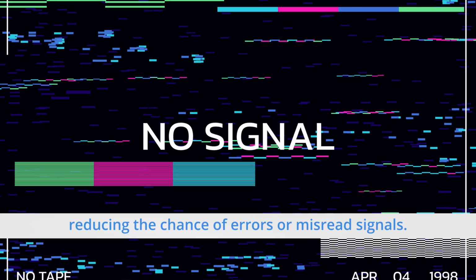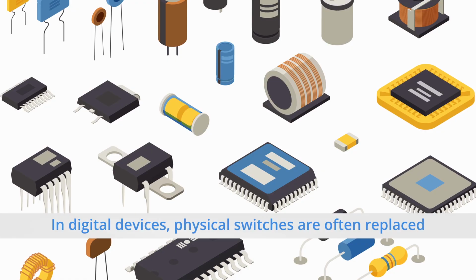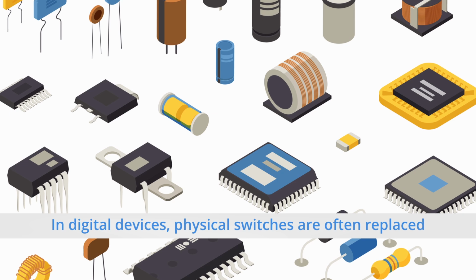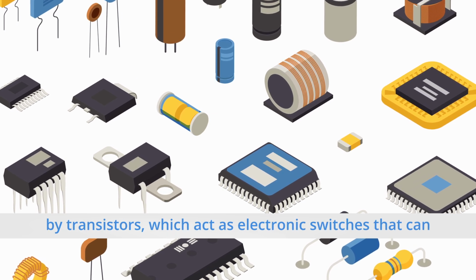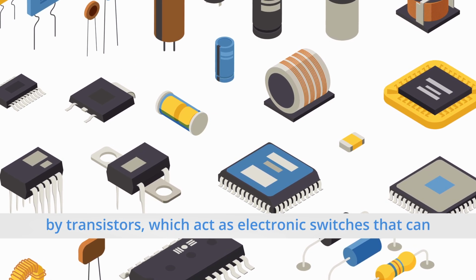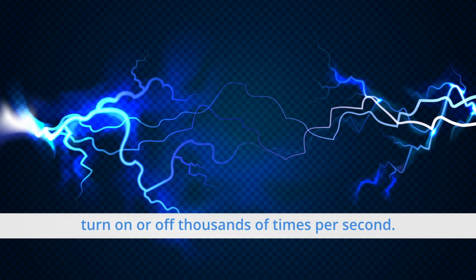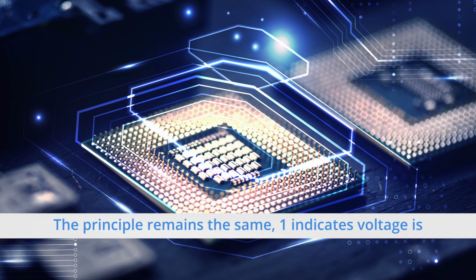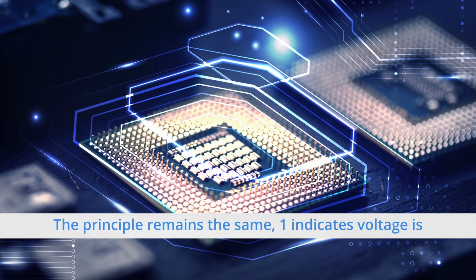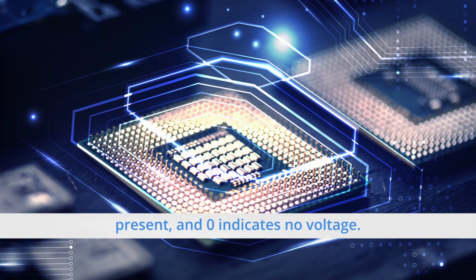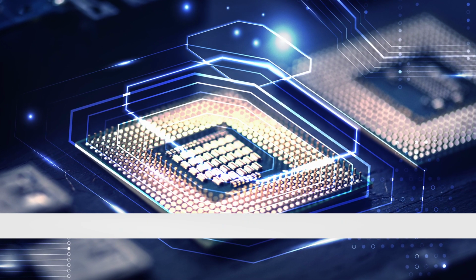or misread signals. In digital devices, physical switches are often replaced by transistors, which act as electronic switches that can turn on or off thousands of times per second. The principle remains the same: 1 indicates voltage is present, and 0 indicates no voltage.